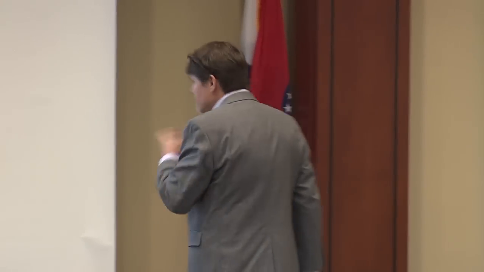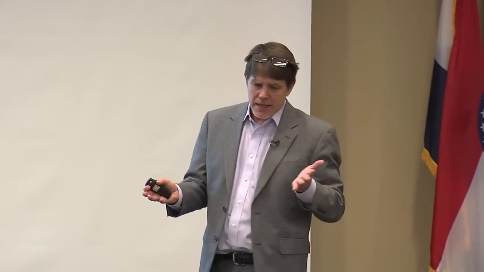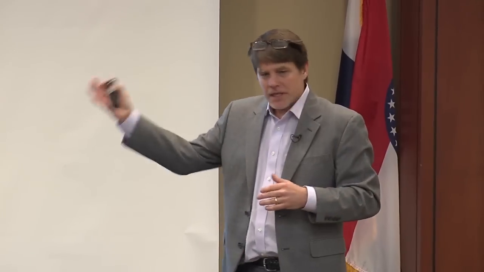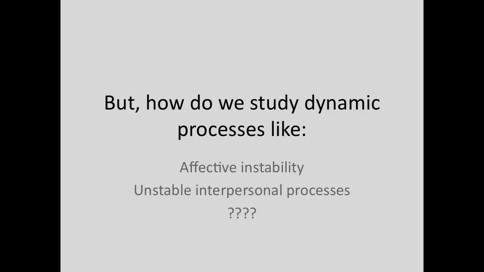So this begs the question, like, okay, you've convinced me there's affective instability there, there's some instability in interpersonal relationships. How do we study that? And so this was actually a question that really hit me in the early 2000s. It took me a while for this to hit me, but it hit me then.